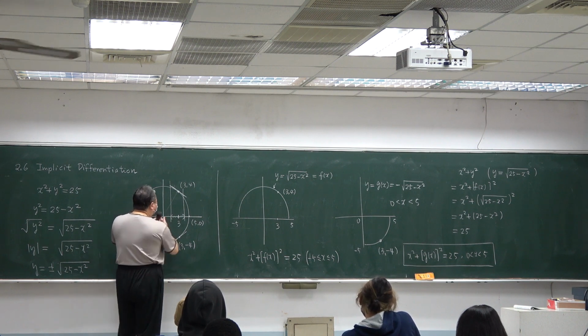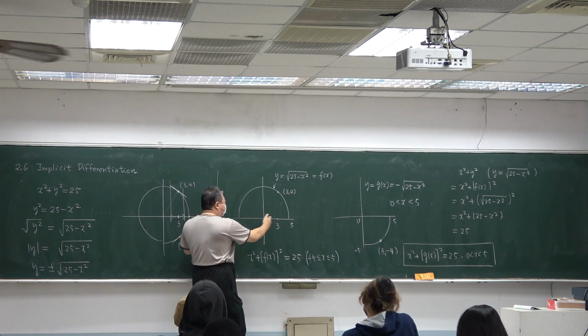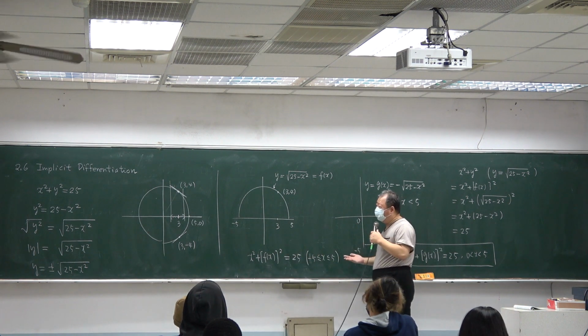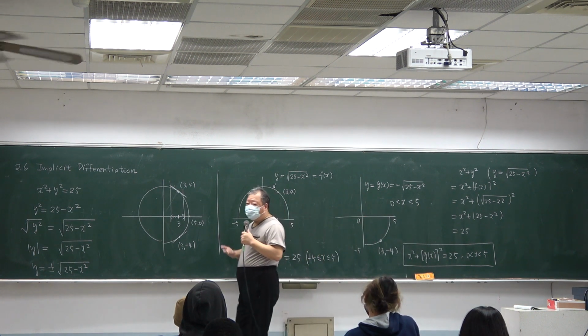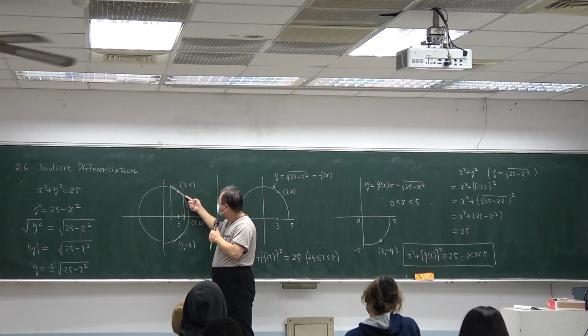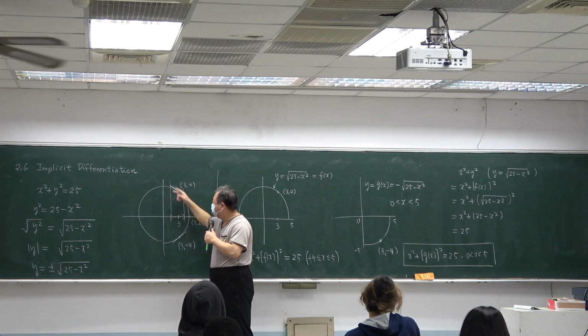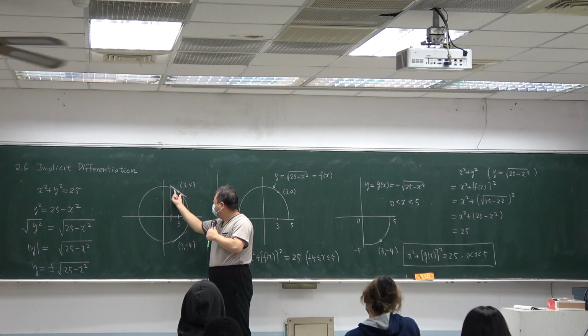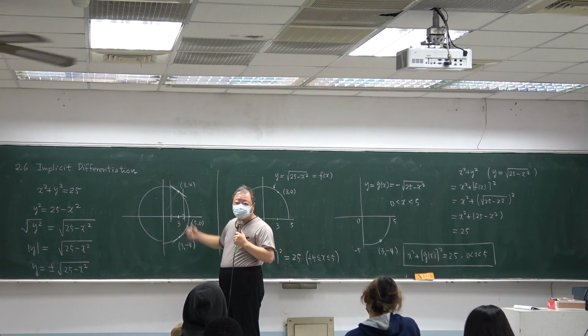We don't need to consider from minus 5 to 5 or from 0 to 5. There are many possibilities because the objective here is to find the slope, so we don't need to consider a very long curve. We just consider a small portion on this curve, which is enough.